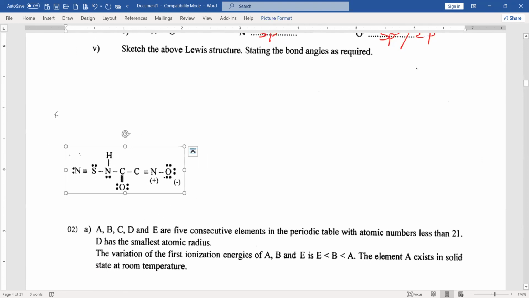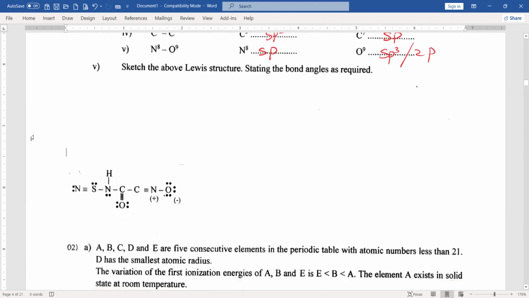Right. I can use this skeleton. Here nitrogen, sulfur, it's linear, but I start from this because nitrogen has bonds like this, carbon behind.